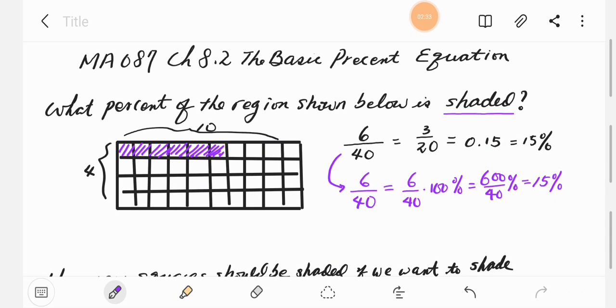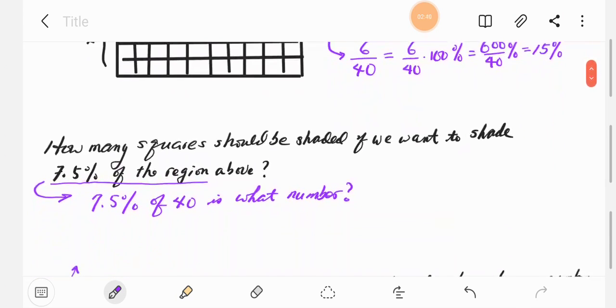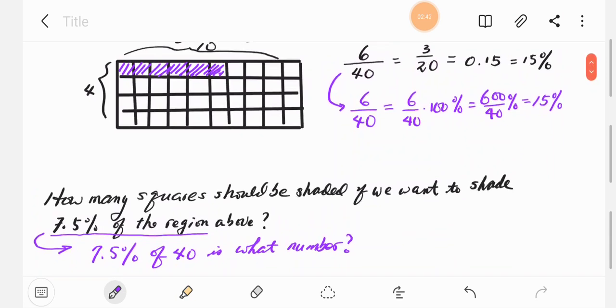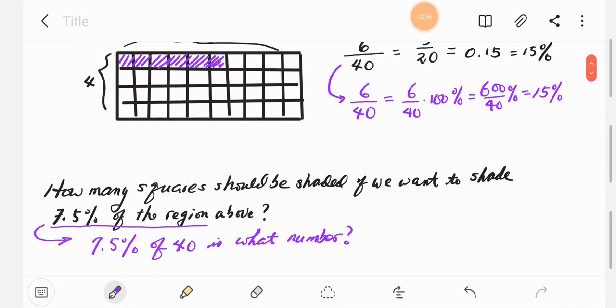This is an example, and here is another example. From these 40 squares, how many squares should be shaded if we want to shade 7.5% of the region above? The total number of squares is 40.